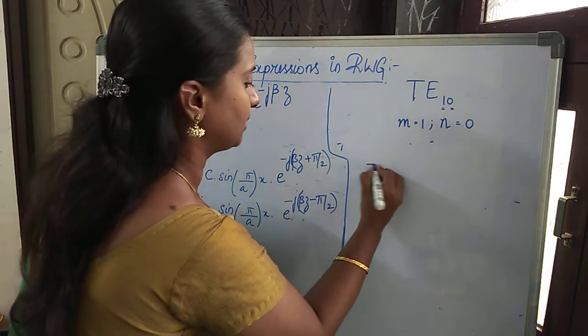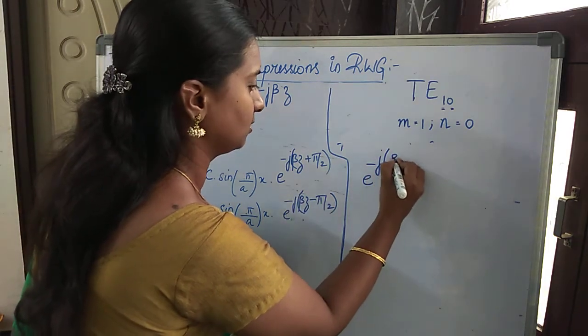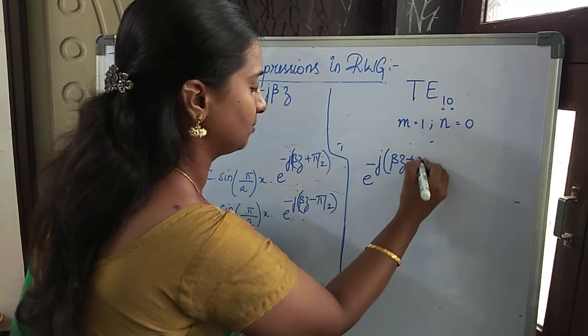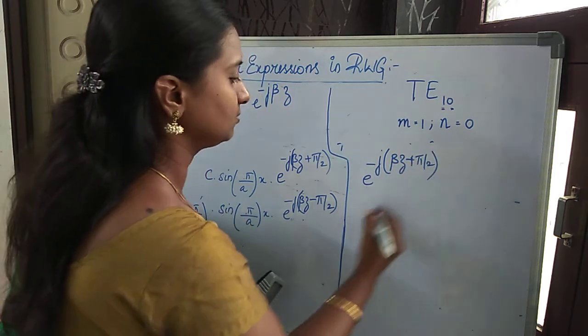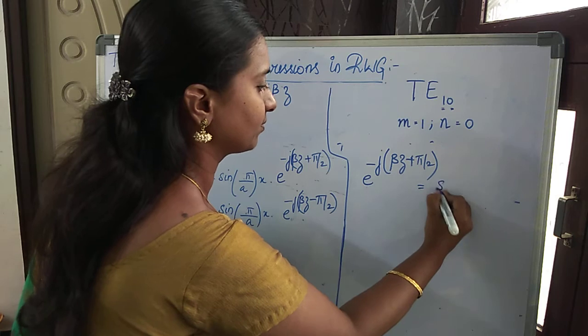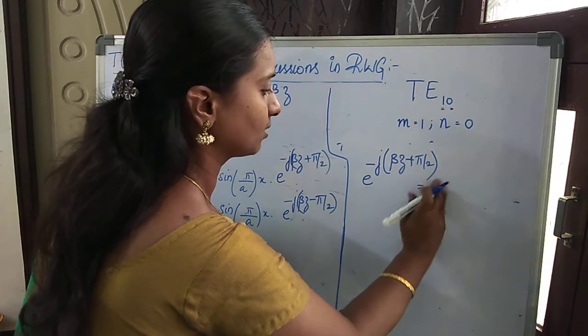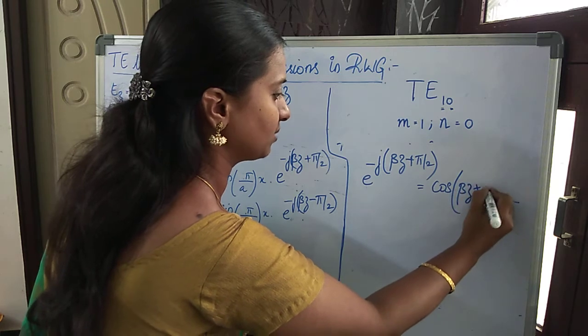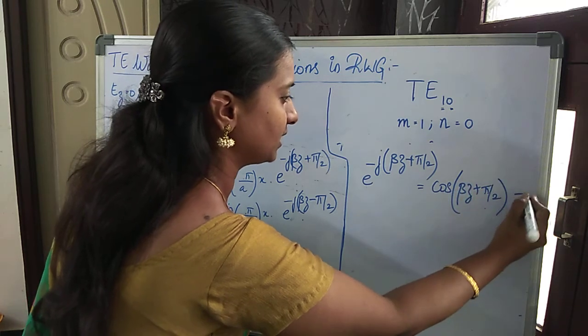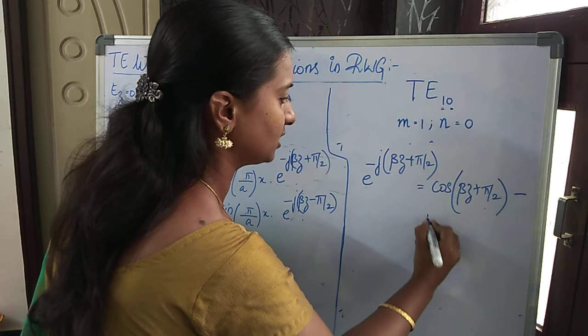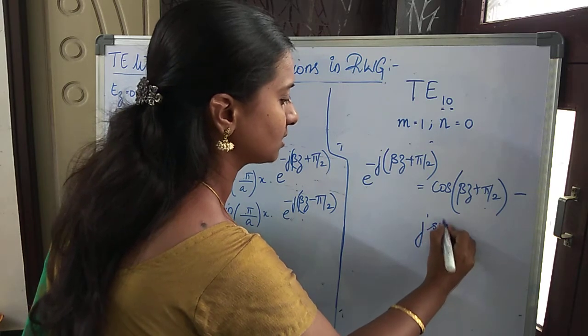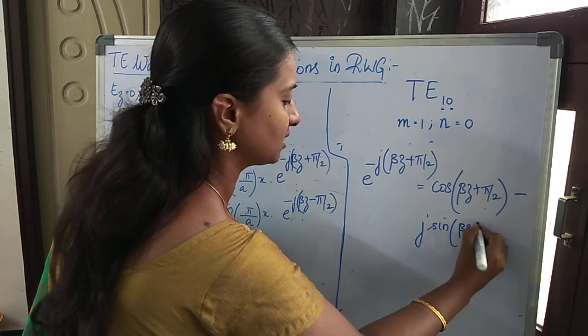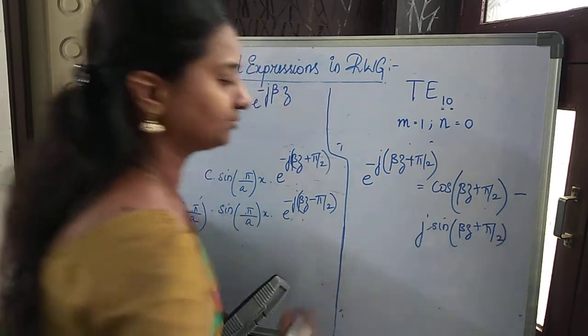So e power minus j beta z plus pi by 2, I can write it as cos of beta z plus pi by 2 minus j sine of beta z plus pi by 2.